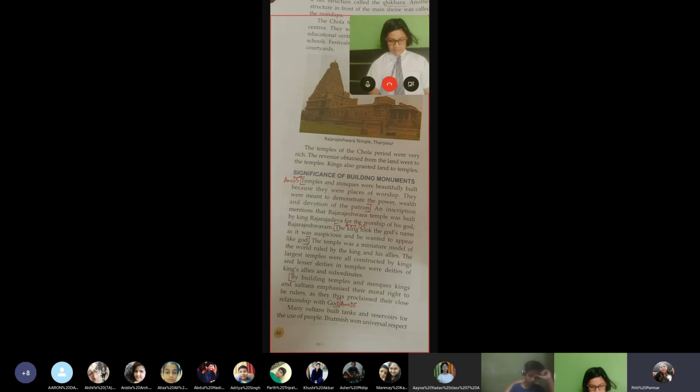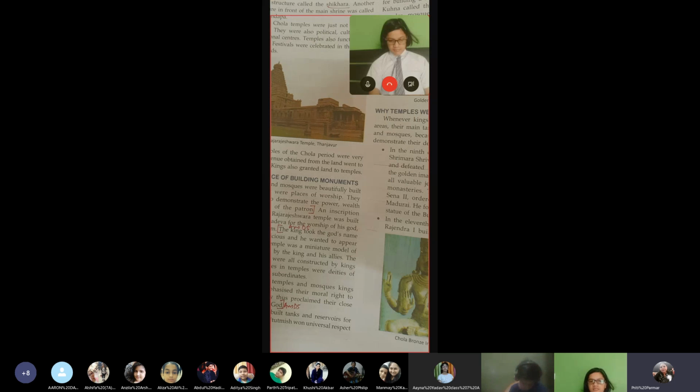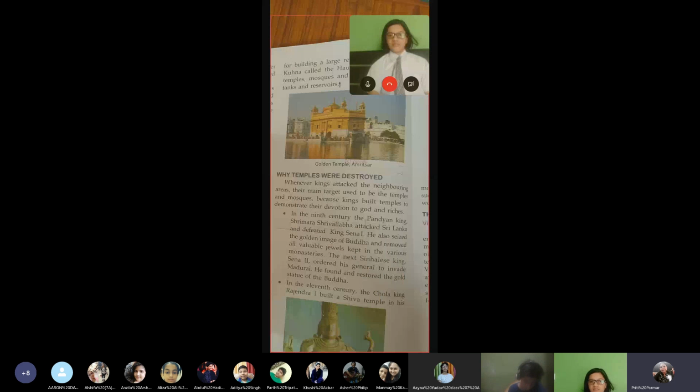Iltutmish won universal respect for building a large reservoir outside Dilli-i-Kuhna. Please underline Dilli-i-Kuhna. It was called Hauz-i-Sultani, the name of the tank or reservoir which Iltutmish built. Underline Iltutmish also.